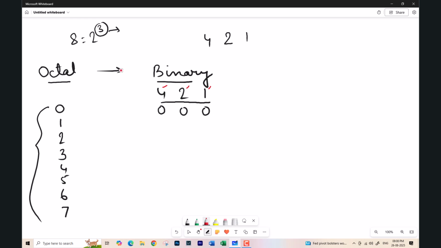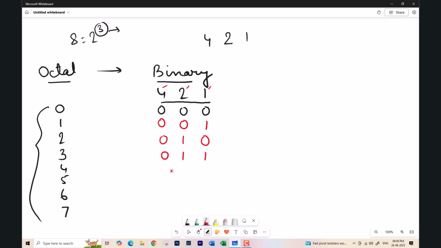Now in case of 1 we will write 0, 0, 1, because we are taking only this one part, 1 bit. In case of 2 we are taking only 2, rest are 0, 0. In case of 3 we are taking 2 and 1. Why 2 and 1? Because 2 plus 1 gives us 3 and bit 4 is 0.